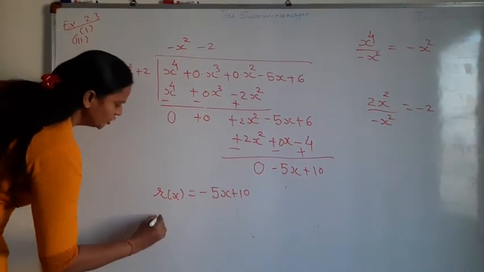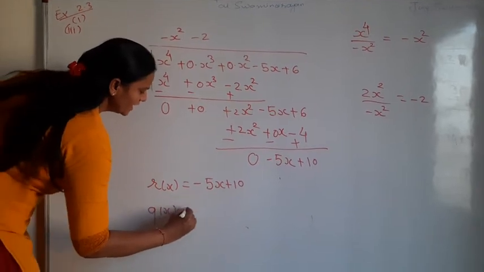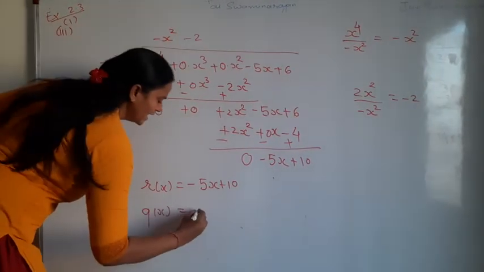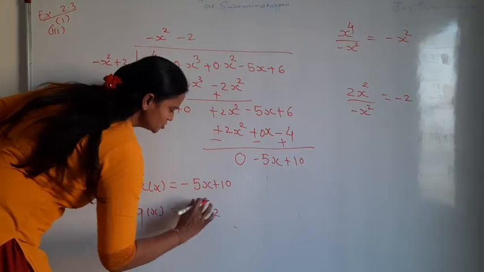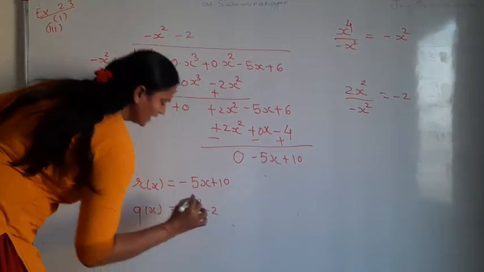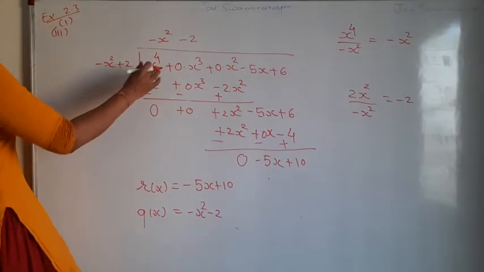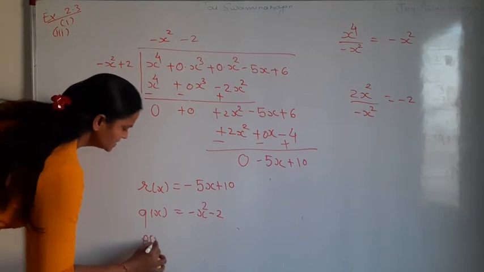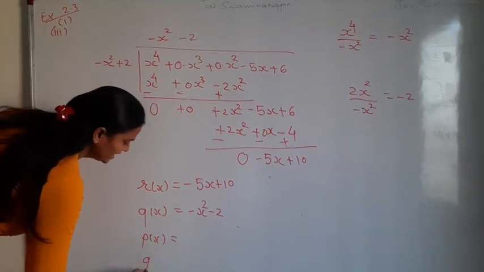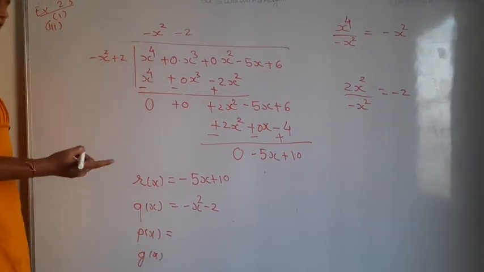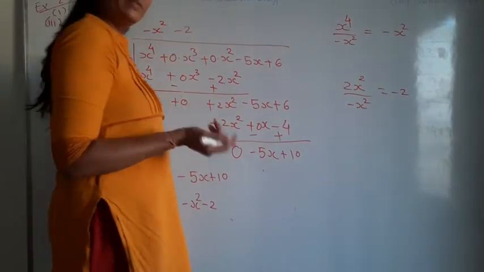Our quotient q of x is equal to minus x square minus 2. And we know that p of x is given, and g of x is also given. As we have discussed in the previous sum, what is the division algorithm?